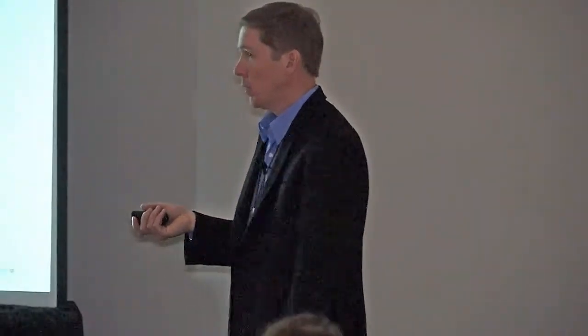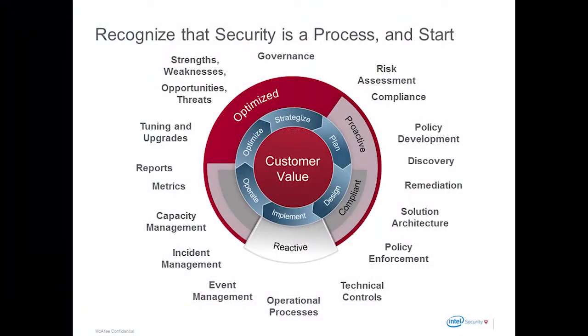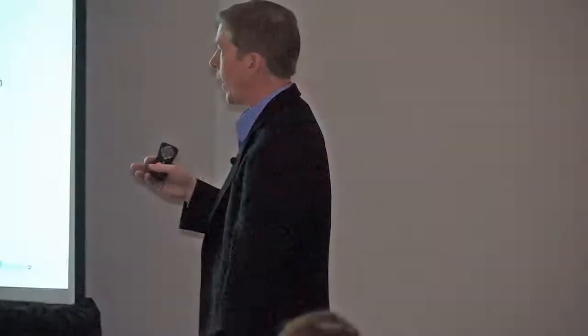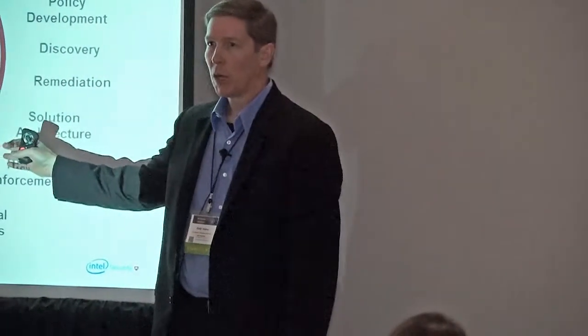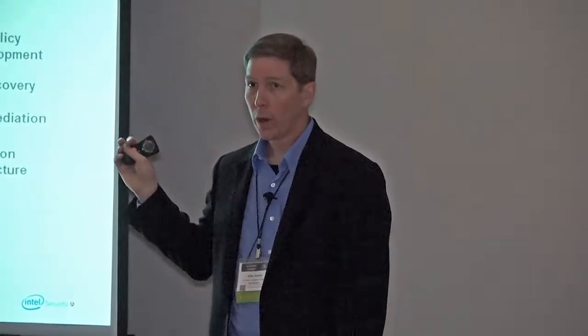You could begin by taking a reactive approach to a current threat to mitigate the immediate risk, but that provides little value. It makes you highly reactive and doesn't get you up into a compliant or a proactive approach to security. Those areas and that thinking gets you beyond the technology. It aligns operational processes and technical controls to risk assessment, compliance requirements, policy objectives.